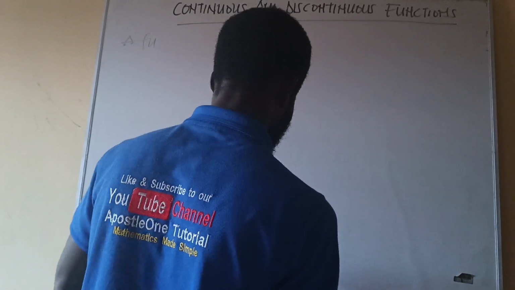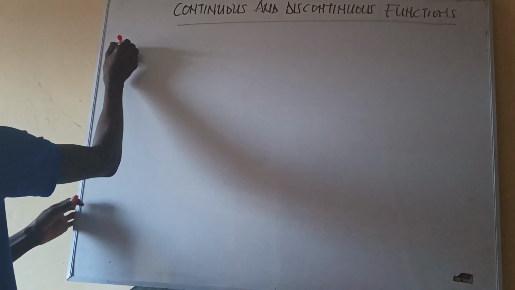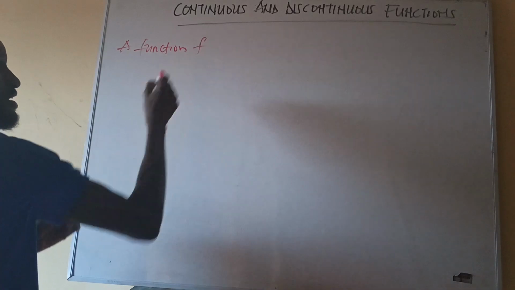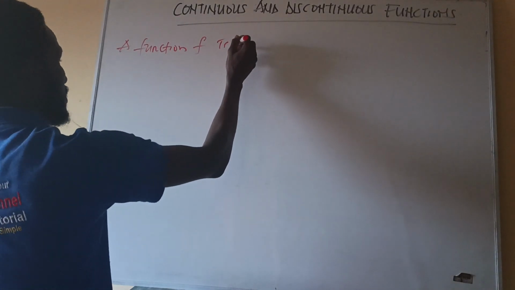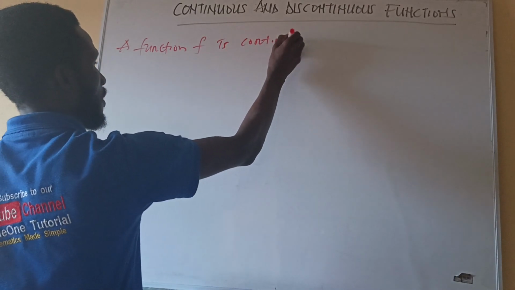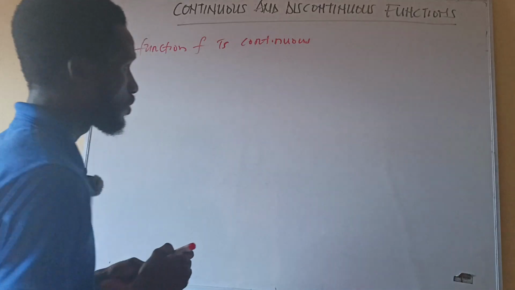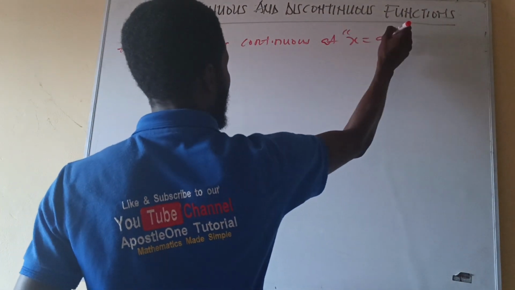A function f, let's say we have a function f, is continuous at x is equal to a.